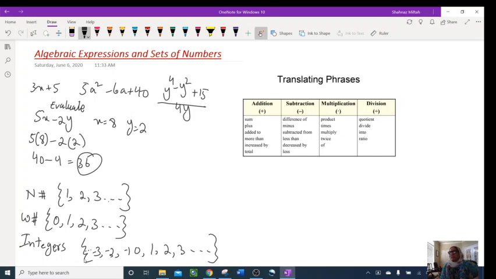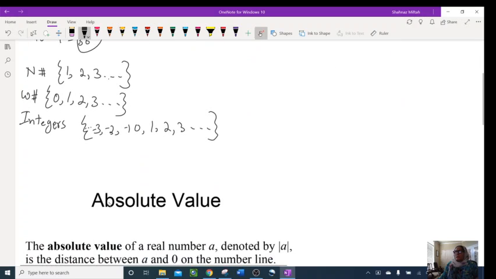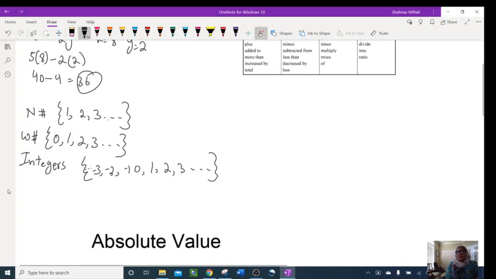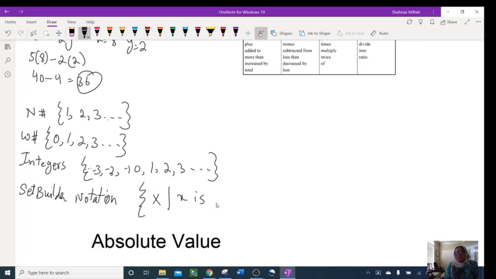Okay, let's talk about set builder notation. Set builder notation looks like this: the set of all x such that, this line means such that, x is an even natural number less than 8.